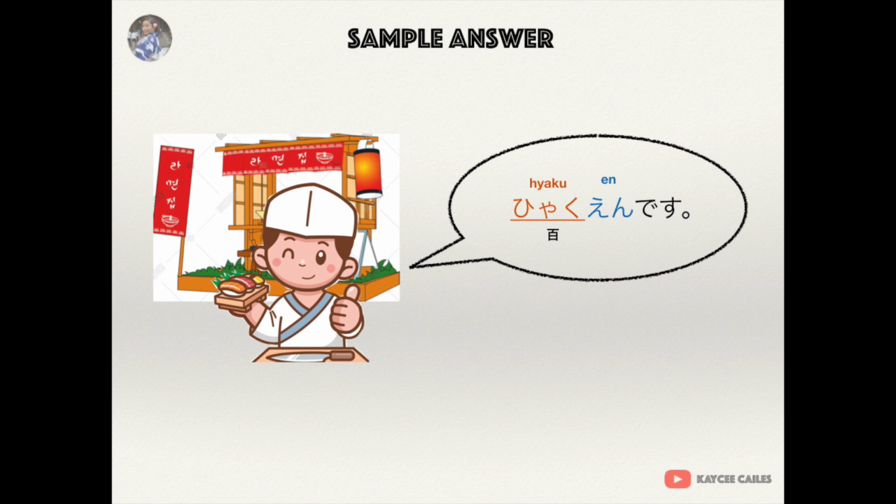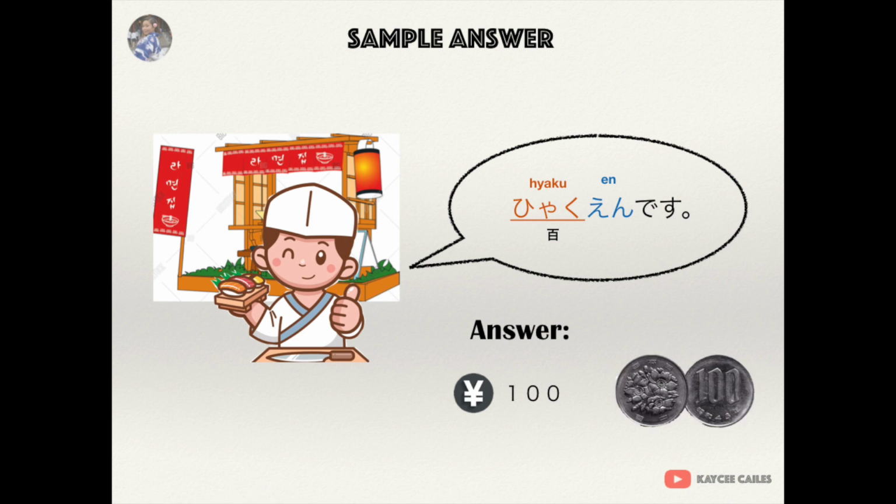Can you guess the answer for this price? Yes, it is 100 yen. Just to give you some trivia, this is what a 100 yen coin looks like. It is roughly equivalent to $1 or 50 Philippine pesos.